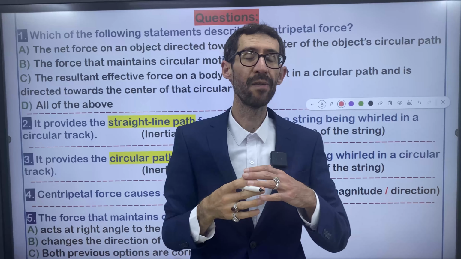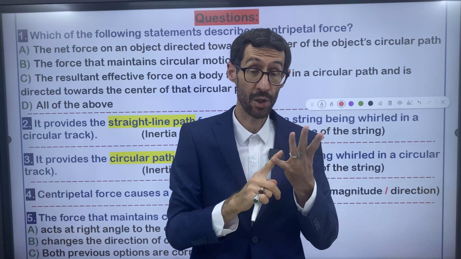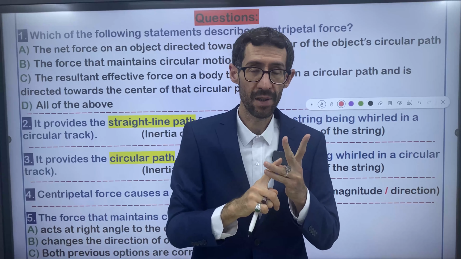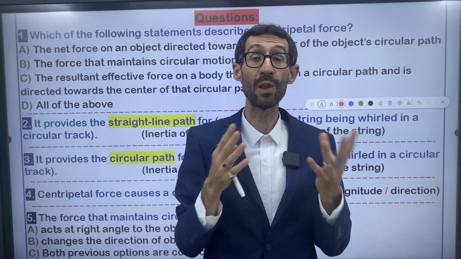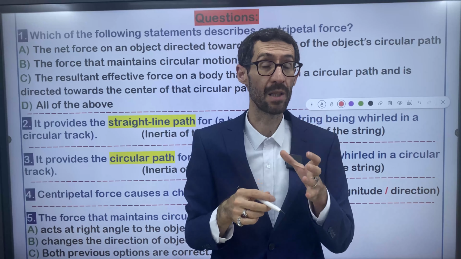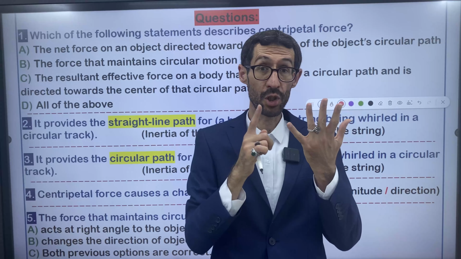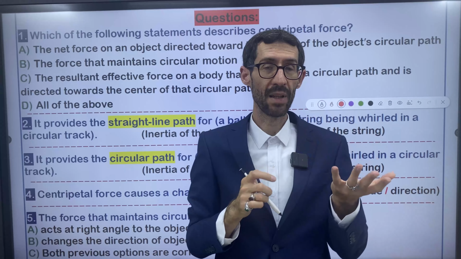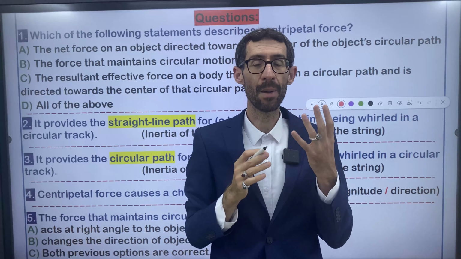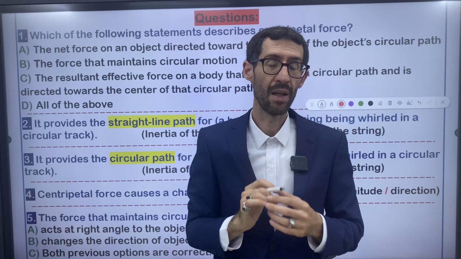Keep in mind that if the quantities are similar, like centripetal acceleration and centripetal force, the angle between them is zero. But if the quantities are different, like centripetal force and tangential velocity, theta becomes 90 degrees because they cut one another.